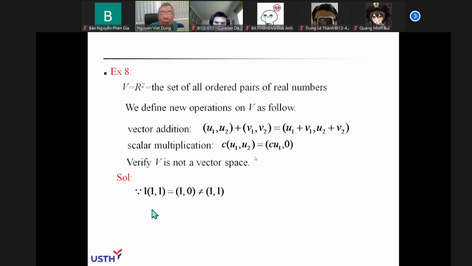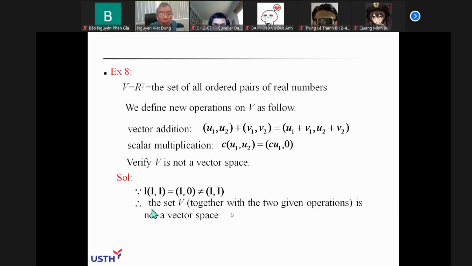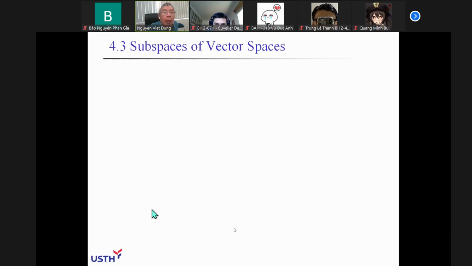However, (1, 0) does not equal (1, 1). It means that property number 10 in the definition of the vector space is broken. So we see that V is not a vector space. It means the set V together with the 2 operations we define here is not a vector space.